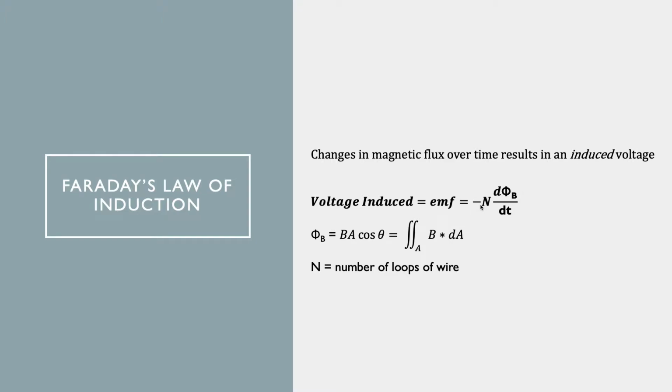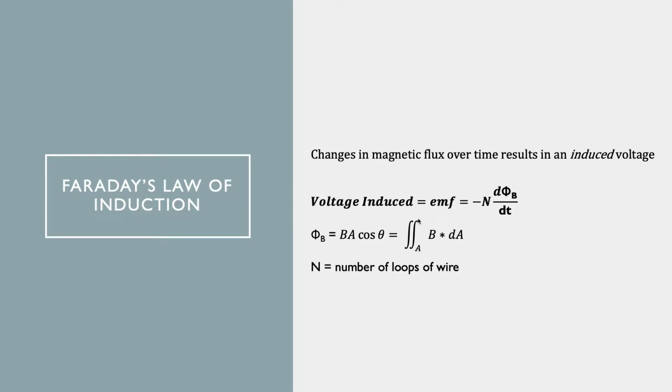We can see that the equation is negative N, which is the number of loops of wire, times the change in magnetic flux over time. Or you can think of it as a derivative with respect to time, dt. And to review again the definition of magnetic flux, it is the strength of the magnetic field times the area of the surface, multiplied by the cosine of the angle between the magnetic field lines and the normal, or the perpendicular line to the area.